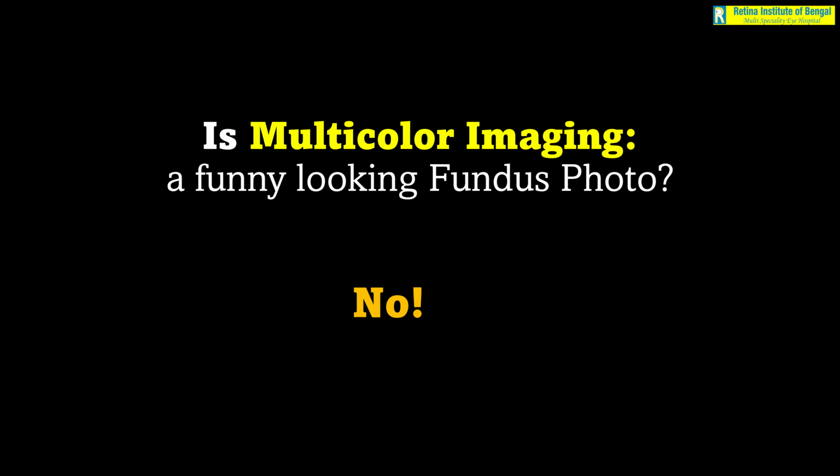So before I end, if you are really wondering how do I approach multicolor imaging, or whether I should even go through all the pain of understanding it, I'll just share one situation. For example, look at this photo.